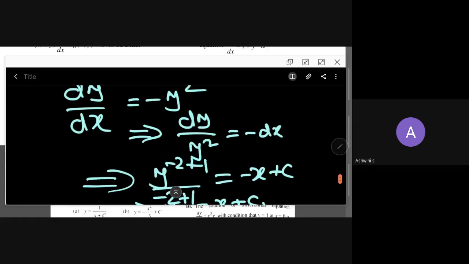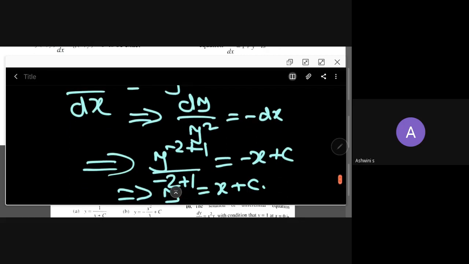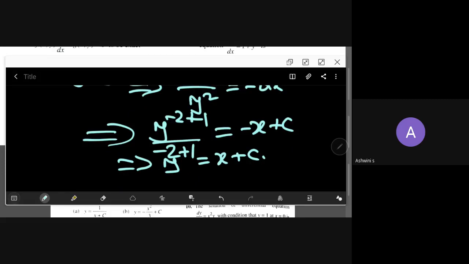So dy by y square is equal to minus dx. So what is the integral of 1 by y square? Y power minus 2, that is y power minus 2 plus 1 by minus 2 plus 1. So here is the problem. Sorry, this is minus 1 by y because y power minus 1 is there, minus x plus c.